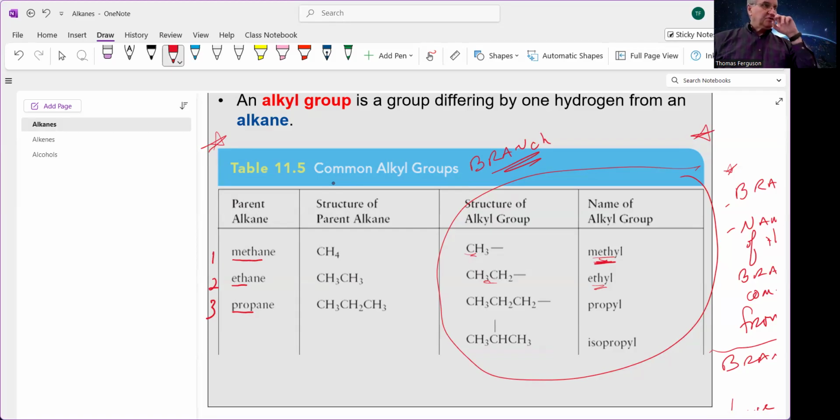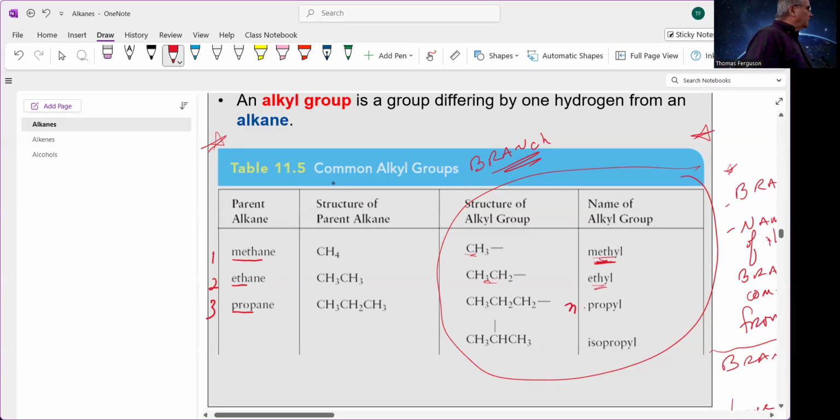And on propyl, there's two ways we can attach that branch: n-propyl and isopropyl. You've heard of isopropyl alcohol.